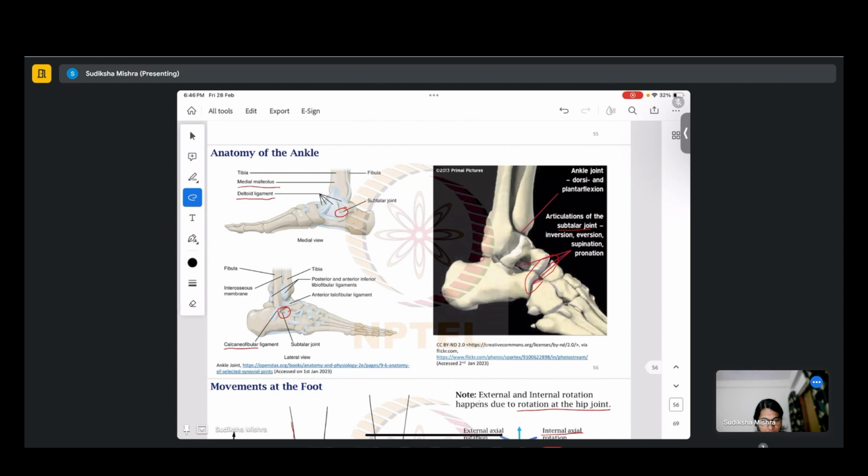When we talk about the ankle joint, this is what we are talking about, the subtalar joint, which is essentially responsible for inversion, eversion, supination, and pronation, all of these four functions, and dorsiflexion and plantar flexion.